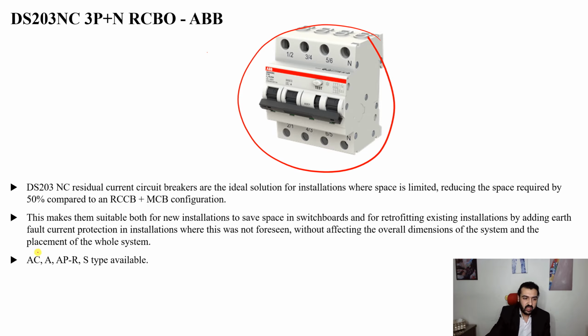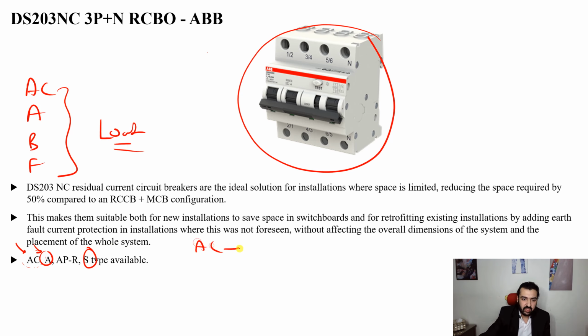Now it has several types: AC, A, AP-R, and S. Now AC and A are types of RCDs that we discussed before, like AC, A, B, and F, that we talked about based on the load characteristics. Now S type, the difference from AC, which can be general type, meaning it has no time delay.